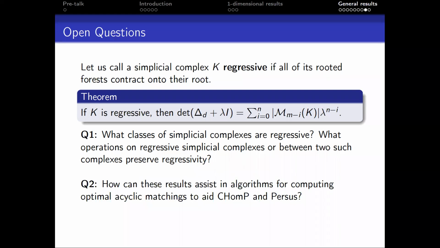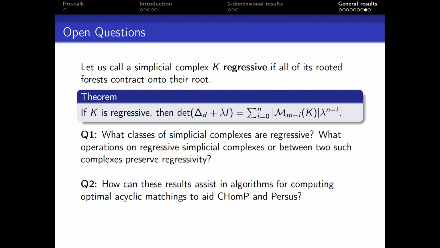Can this help in any way for real-life mathematics? Can we make computations faster now that we can count the number of discrete vector fields? The characteristic polynomial is something you can compute relatively fast. Can we assist, for example, people working in topological data analysis or wherever discrete Morse theory appears?